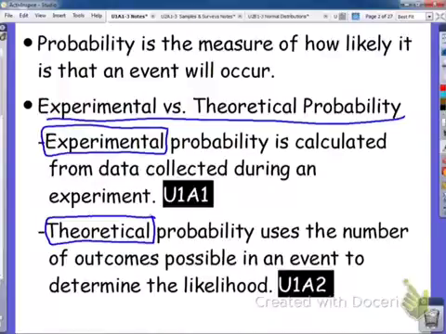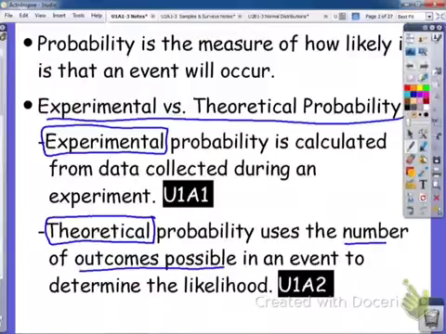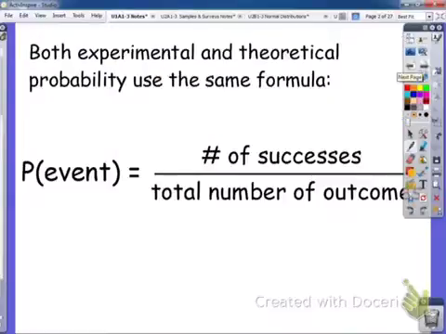It uses the number of outcomes possible in an event to determine the likelihood of that success occurring. So both experimental and theoretical probability use the same formula. The probability of an event equals the number of successes divided by the total number of outcomes.